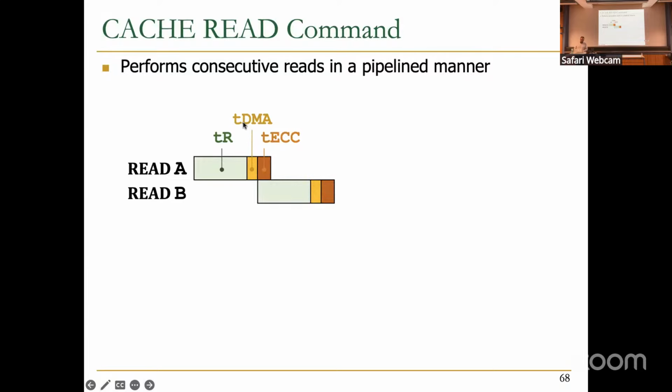When we are done with TDMA of the previous read, the channel is available. So we can start sending the read command to the NAND flash chip and do this TR and so on and so forth. So essentially, only the ECC is overlapped here between these two reads.